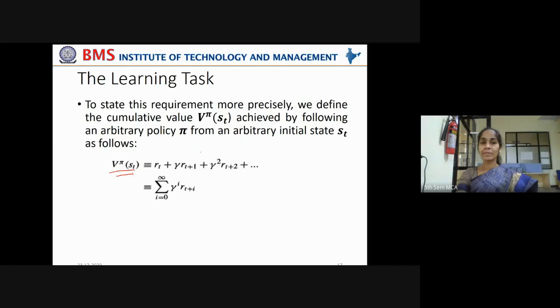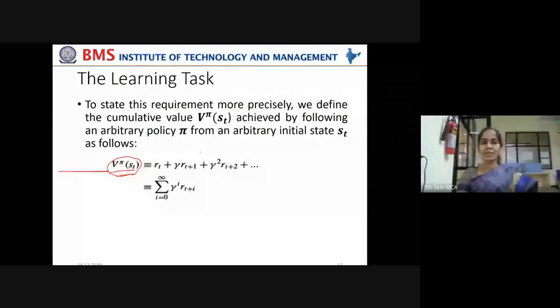It seems to be a simple notation, but I'm reading it for nearly 20 seconds. The value V, the value of cumulative rewards that can be collected by following the control policy pi to move from state S at time t, can be represented as the immediate reward given at time t, RT, plus gamma RT plus 1.